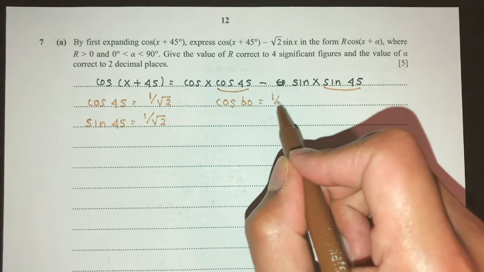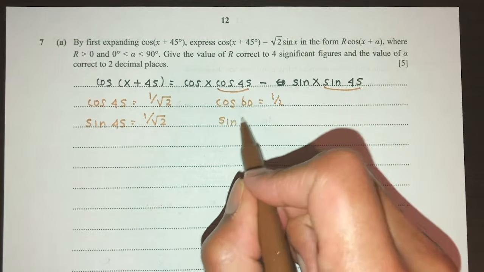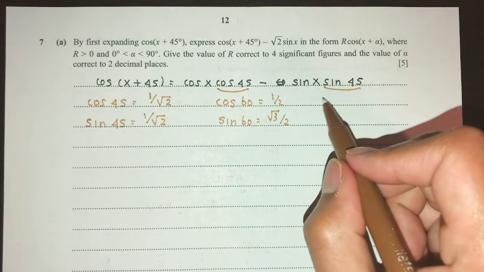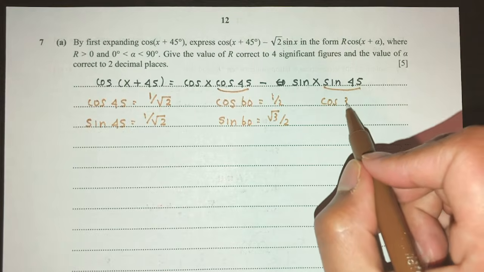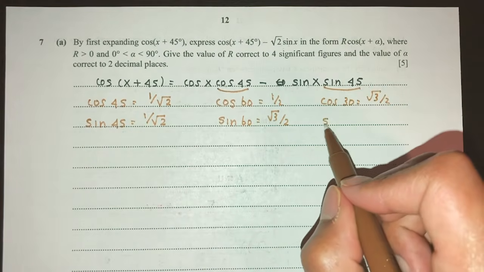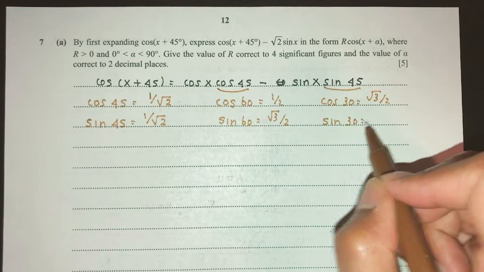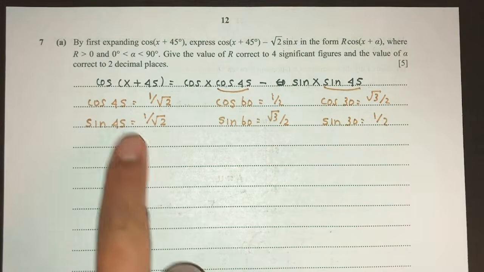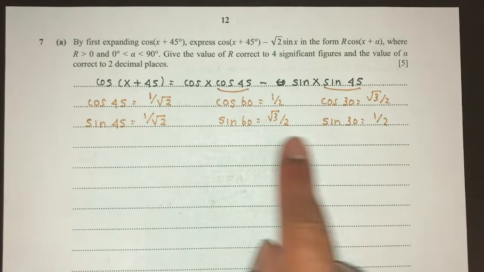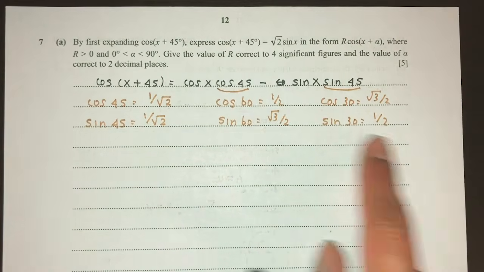It is half. What is sine of 60? It is root 3 divided by 2. What is cos of 30? Root 3 over 2. And what is sine of 30? It is half. So you have to know all these values for your exact angle. So make sure you memorize this before exam. It is important to know the exact values.